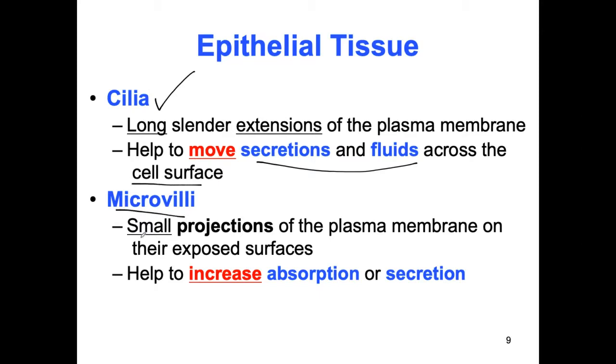The microvilli, we said, are much smaller projections, and they're used to increase absorption. So you're going to find these along the intestinal lumen. So if here's part of the intestine, we think of people who have celiac disease, and let's say they have these columnar cells as well in the intestines. They should be a little bit longer.